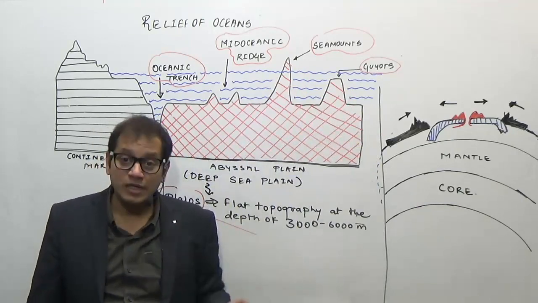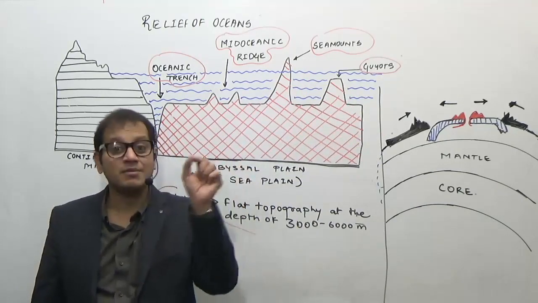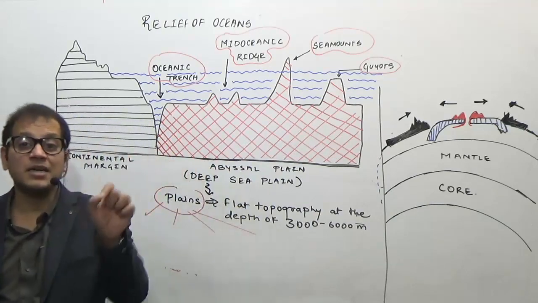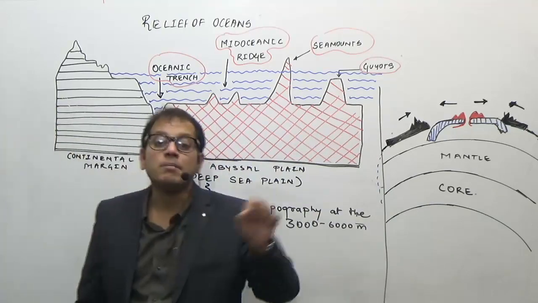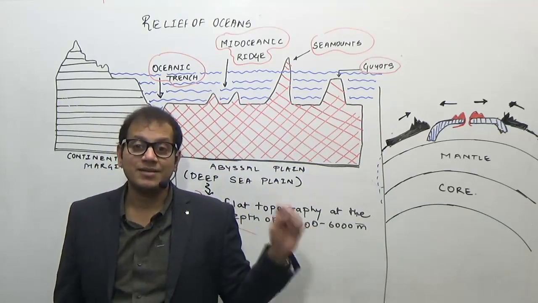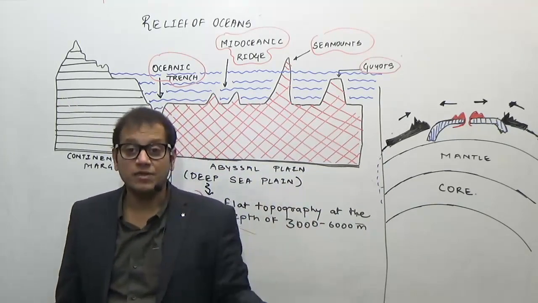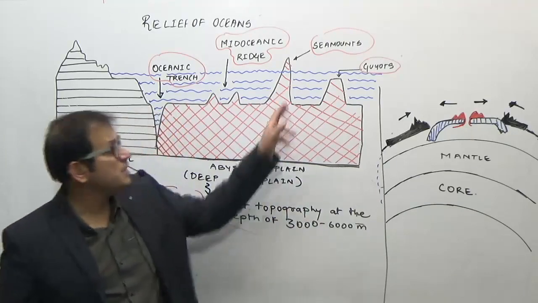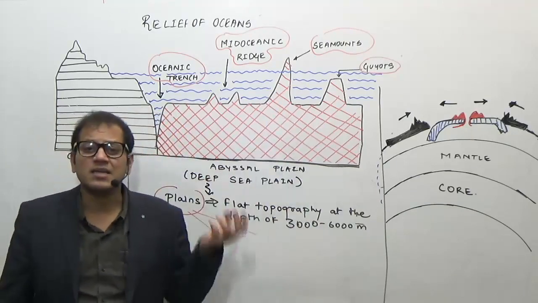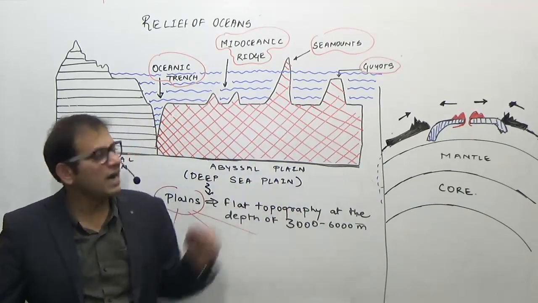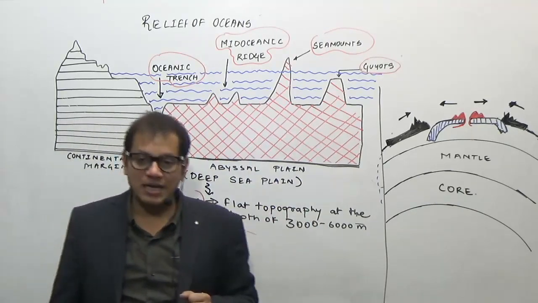In it I have shown you a diagram, and I have marked it by the red pen. That animated lecture, in which I have shown you the mountain system inside the surface of the ocean water. Then sea mounts, as the name suggests, is an isolated mountain. A flat-topped sea mount is known as a guyot.